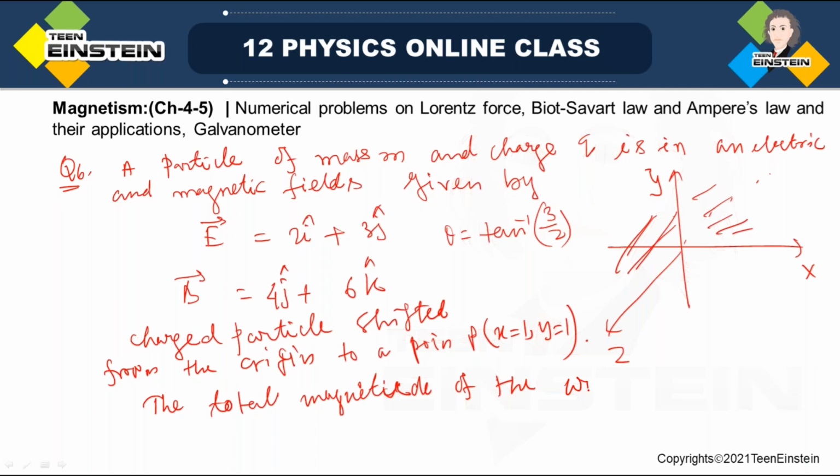Options are there in the denominator. We'll just directly solve and show you what the value is. The question says it is taken from the origin to some point in the xy plane, because x is 1 and y is 1, so it is shifted from here to here, this much.